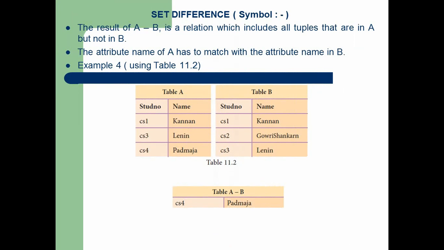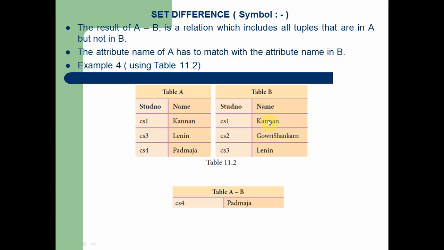Next is the set difference. This difference is used to include all the tuples that are in A but not in B. The attribute names of A have to match the attribute names in B. Here you can see all the data.